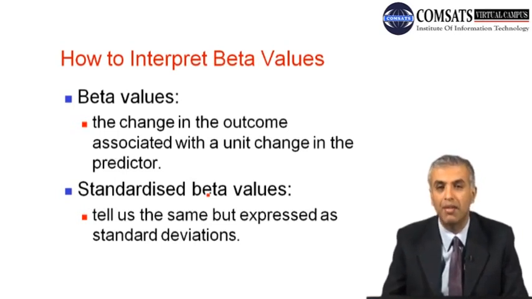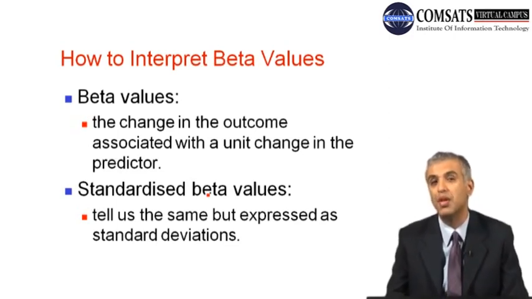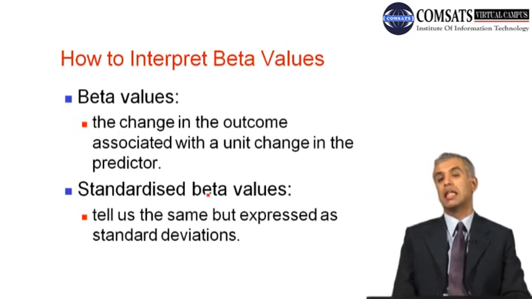Basically the initial beta values which are reported by the software at first are the values which are only measured in the same unit in which the original variable is measured.